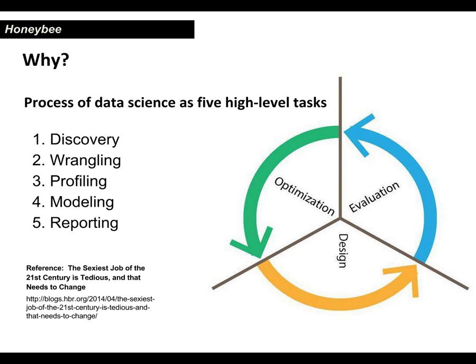And interestingly enough, they have the same problem as we have. He says the main time always goes in the first three, but everything is designed for the last two, modeling and reporting. And I think Honeybee hopefully helps these five steps happen next to each other, except reporting at the end. It doesn't do that much about reporting.